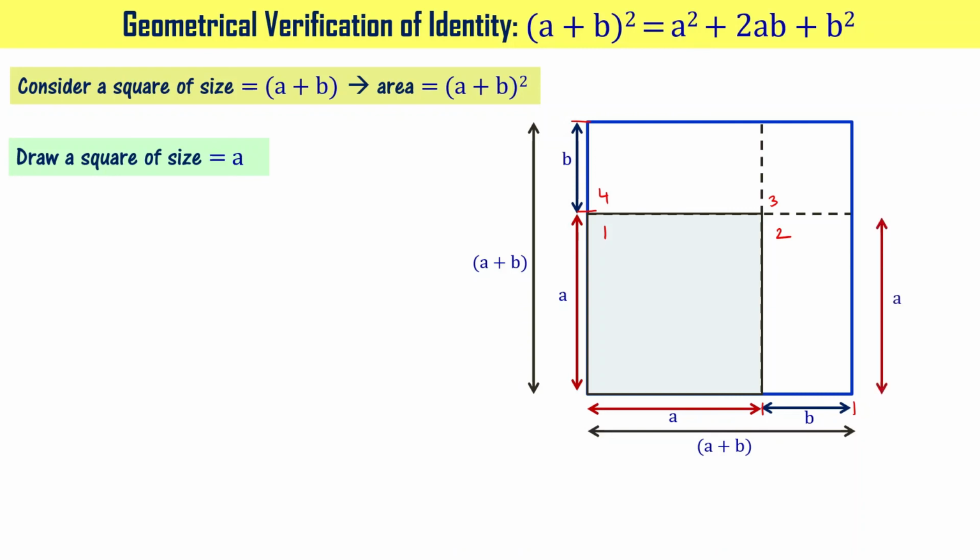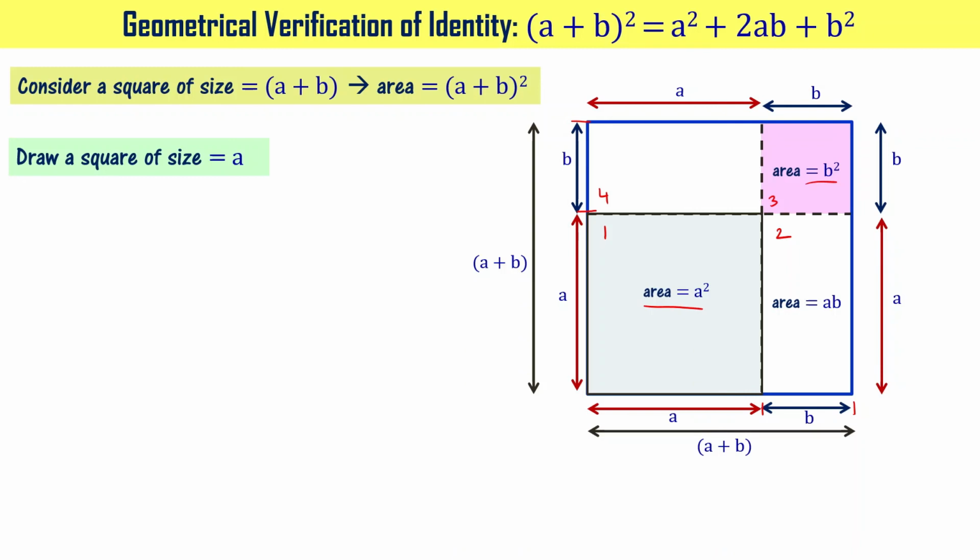Now let me mark the side lengths of all these. As you see here, the area of the square of side length a is going to be a square, and the other square, the smaller one here, is going to have area b square, and the area of the rectangle is going to be a times b, right?